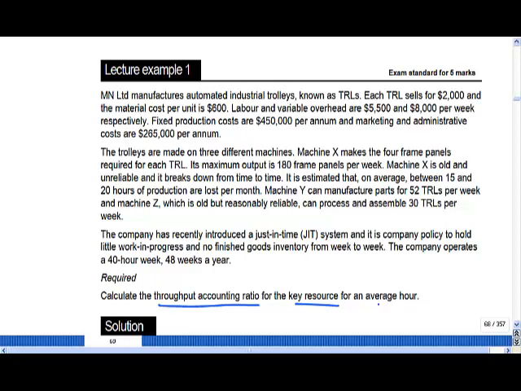Got a company called MN, and they make automated industrial trolleys known as TRLs, let's call them trolleys. Each trolley sells for 2,000, so that needs to come into our return. The material cost is 600, so again that would come into our return. So our return per unit we can see is 1,400.